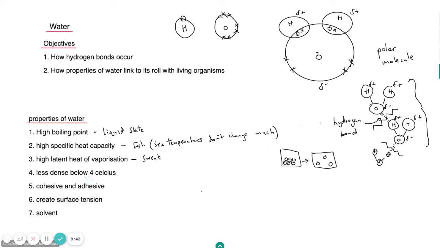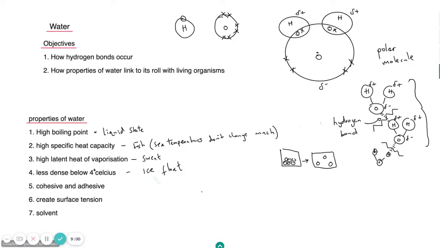Water also has a really interesting property in that when you cool it below 4 degrees Celsius, it becomes less dense. So that's why you see ice floating.